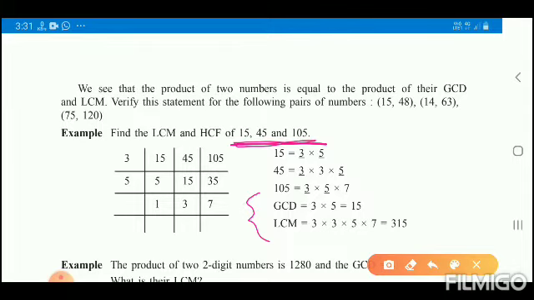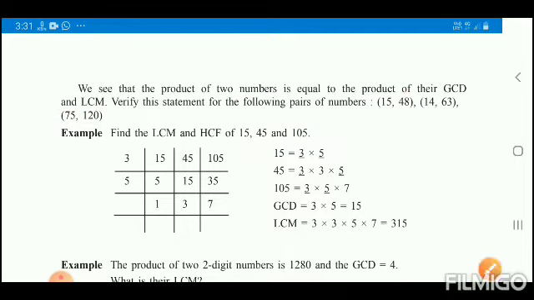This rule is only for two numbers: the product of two numbers is equal to the product of their GCD and LCM, not for 3 numbers. Keep this in mind. That's why I explained this example. Now we will see one example from the pairs of numbers which we want to verify.